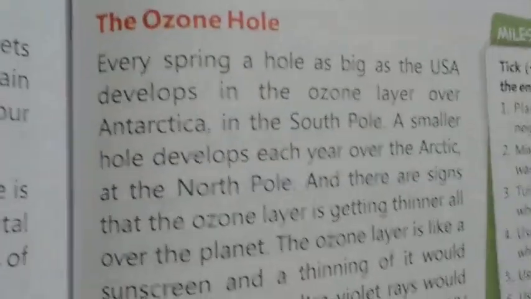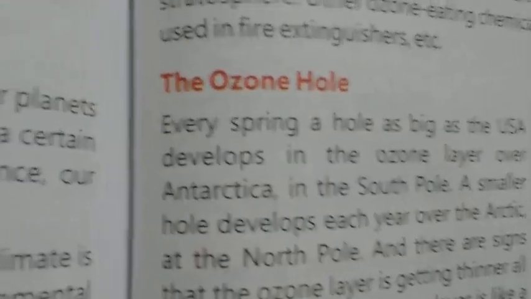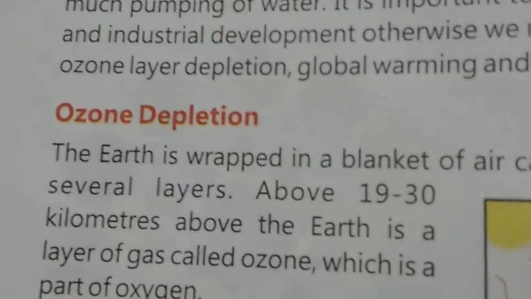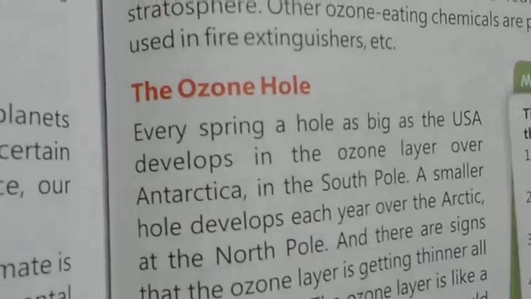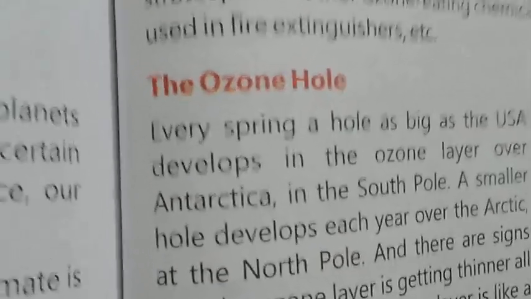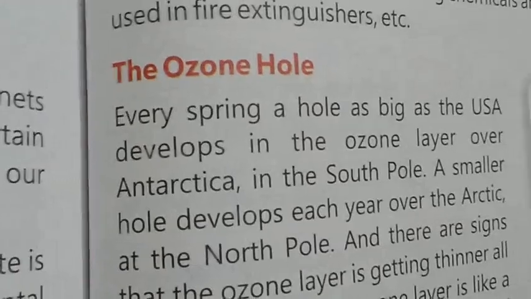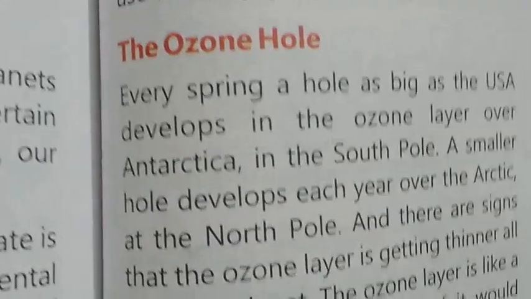UV rays are harmful for the biosphere, and because of the depletion of the ozone layer, the ozone layer is getting thinner all over the planet. It is like a sunscreen, and thinning of it would mean that more ultraviolet rays would reach us.